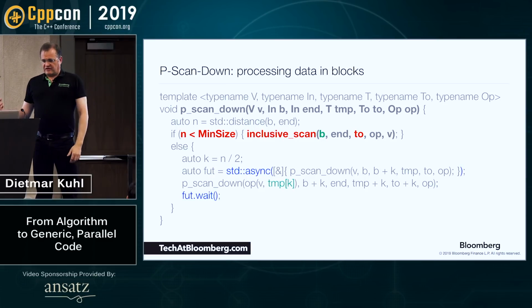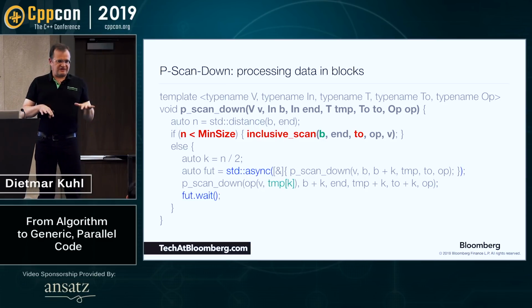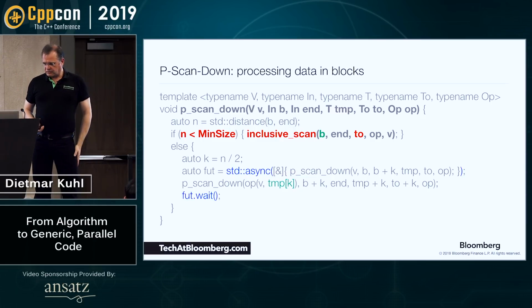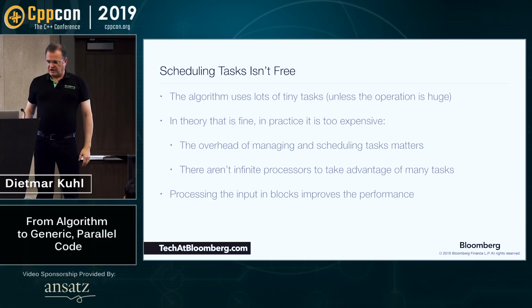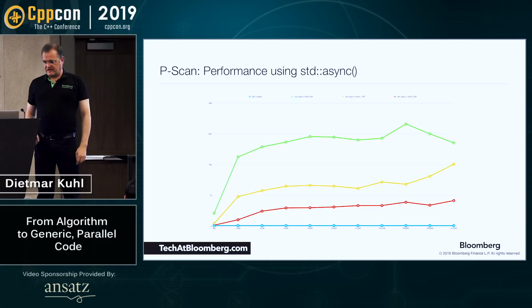Likewise, in the second case, we need to change these things in lockstep, because otherwise we wouldn't compute all the sums we need. Here we need to use the same blocking to figure out what the values are that we then need to distribute. And so we do inclusive scans on the subranges. And that improves things quite a lot, as you could see from that graph, this is all at the bottom over here. So with that, the computation is, let's say, only 200 times slower.